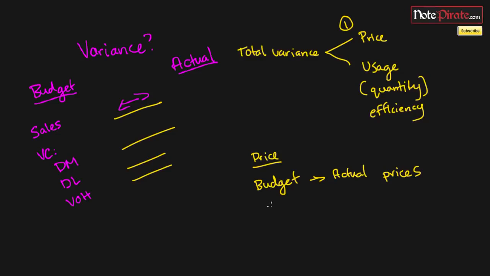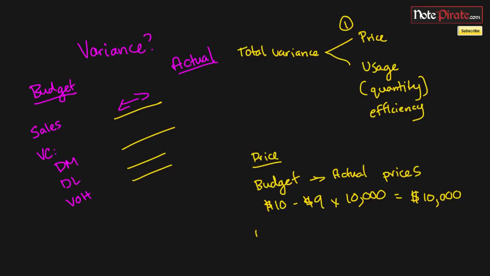What if our prices were budgeted at $10 and our actuals were $9? Well, that's going to be a $1 difference, and if we sold maybe 10,000 units, then in total it's going to be a $10,000 unfavorable variance, since we sold a unit at less than the amount that we budgeted for.